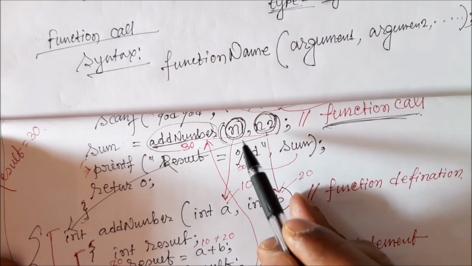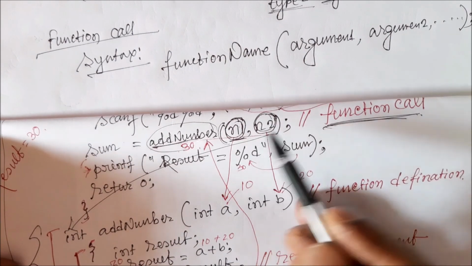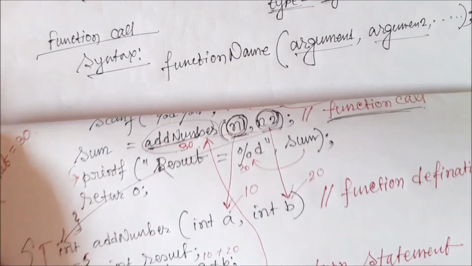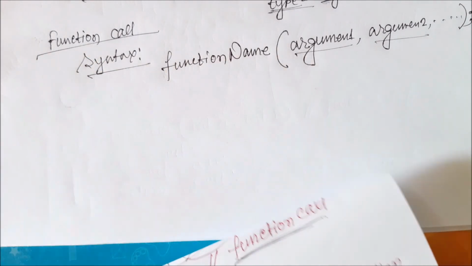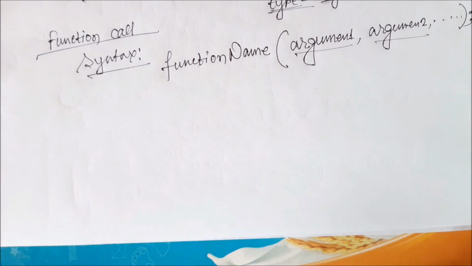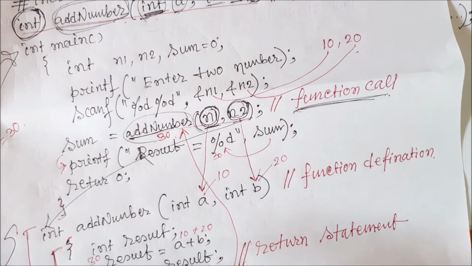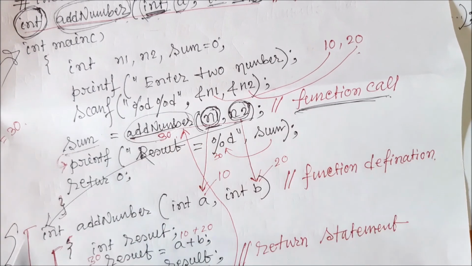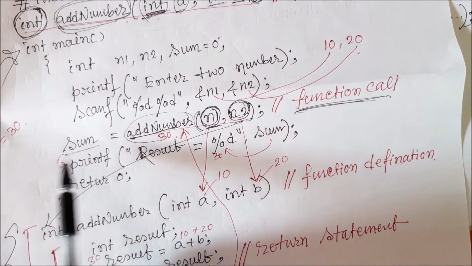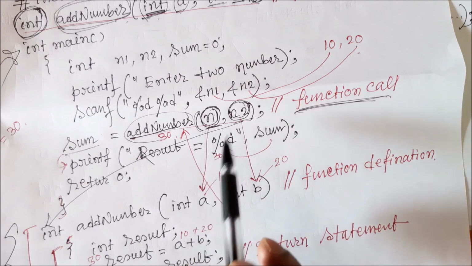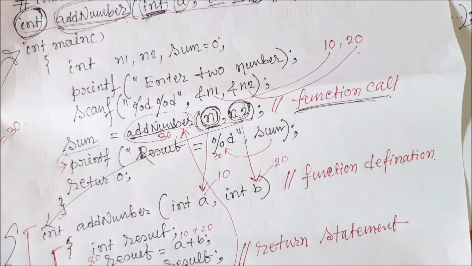Then within the first bracket I have written n1. This is my argument 1. This is my argument 2. Okay. In this way you can call a function. And in this example, when we call this function, the function will return some value, and that value has to be held by this variable sum. That is why we have assigned sum equal to add number within brackets n1 comma n2.